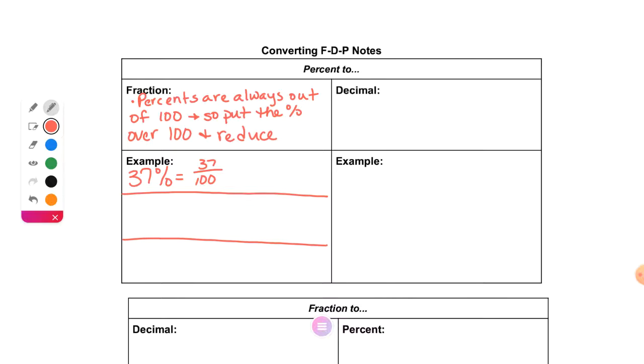Let's do 128%, which seems weird. But if you know, percents are always out of what? 100. So Owen, where would I start with that? Changing that to a fraction, if it's always out of 100.